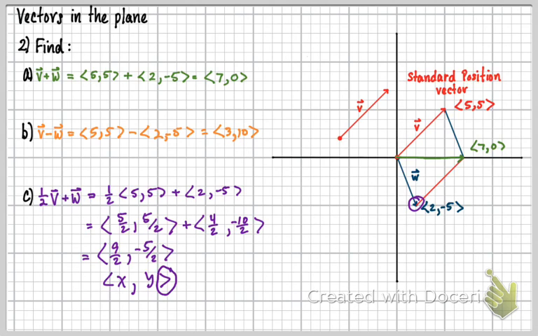It's not a point, so I don't use parentheses. Just keep that in mind too. Those are my x and y values. That's why when I counted to the right 2 and down 5 earlier, I ended up with 2, negative 5. Nice simple way to represent vectors.